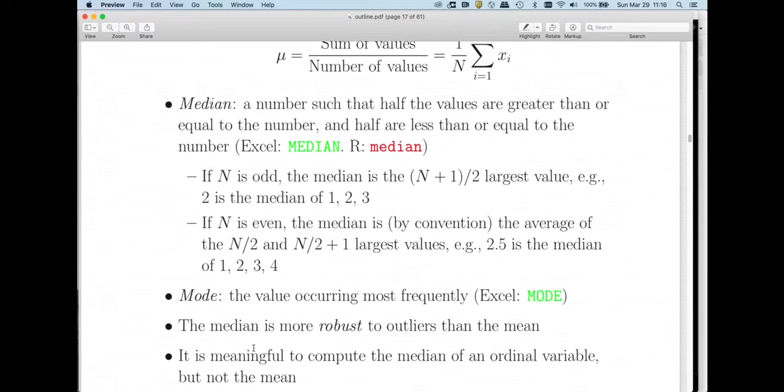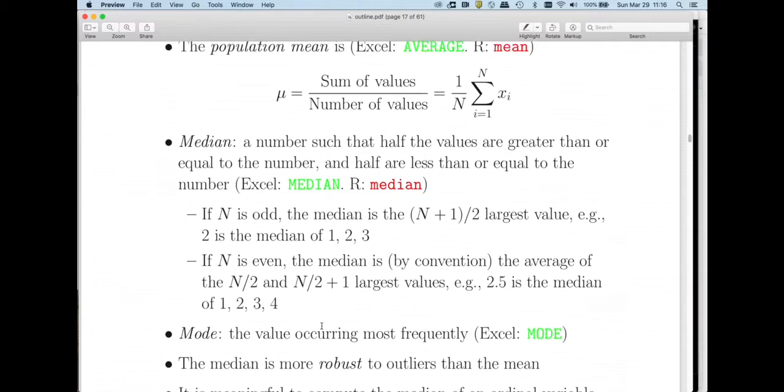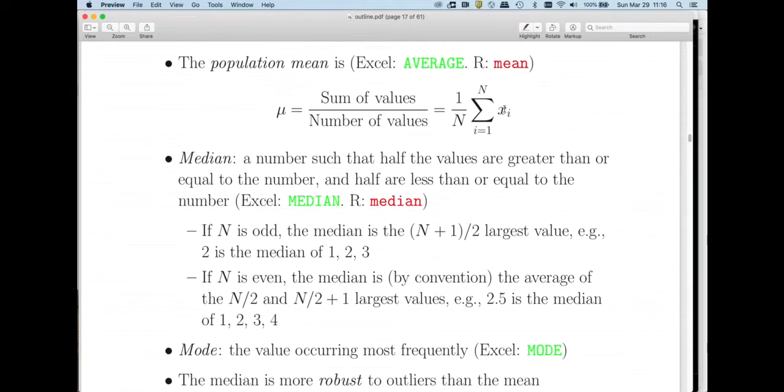Now, what you need to know about this is, number one, medians are robust to outliers. So if I bring one extreme value into this computation, I can make the mean as large or as small as I want.